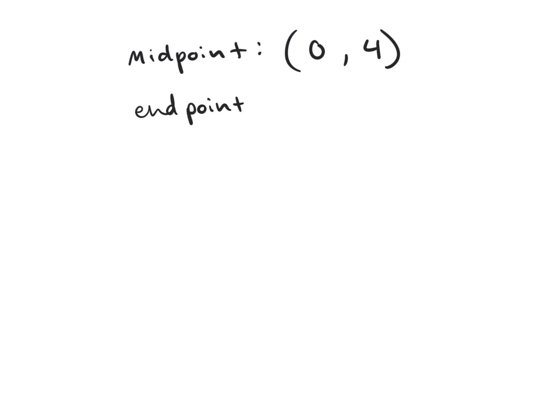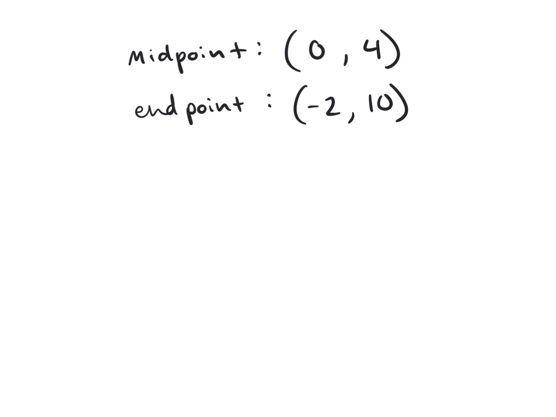So let's say that it gives us the midpoint. That's, we'll say, (0, 4). And then it gives us one of the endpoints. That's (-2, 10).